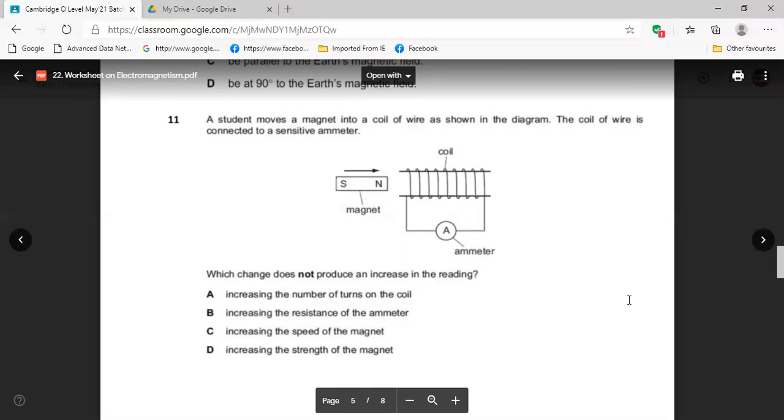By moving the magnet. So if we have more speed, we have more induced current. But here, increasing the resistance of the ammeter has no function. So the answer is B.